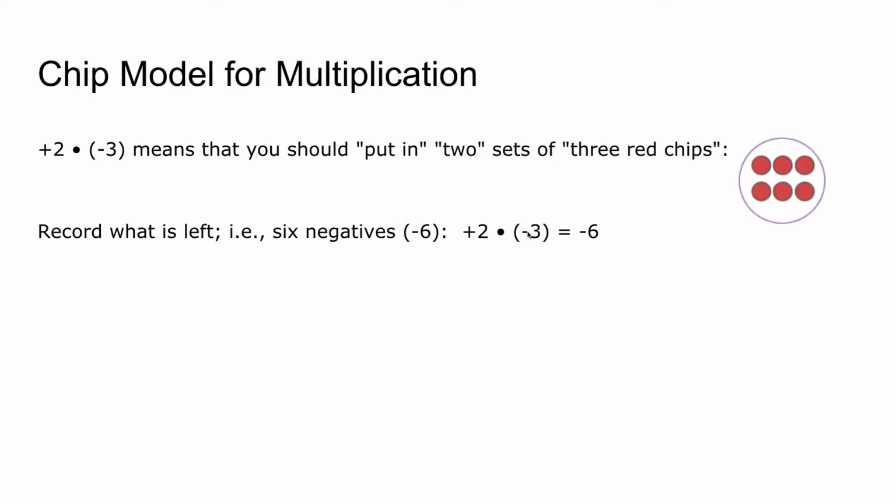If you see my picture here, I have one group of negative 3 and another group of negative 3. So I have two groups of negative 3, and I'm putting them in the circle, and we are counting how many there are. I have 6 red chips, which means 6 negatives, because each of them is negative 1. Okay, so that's what it means.